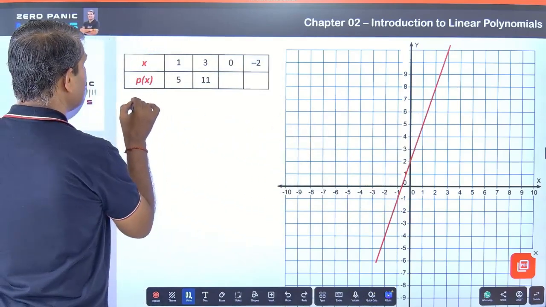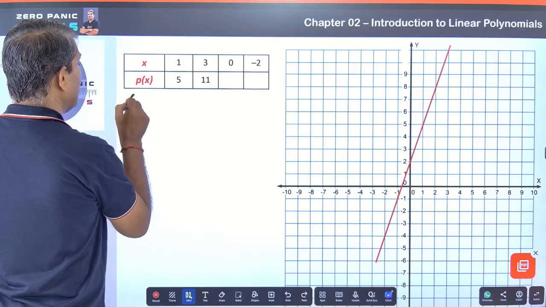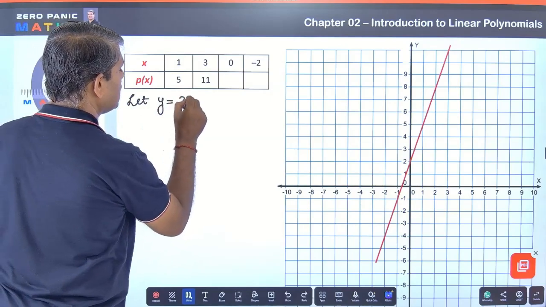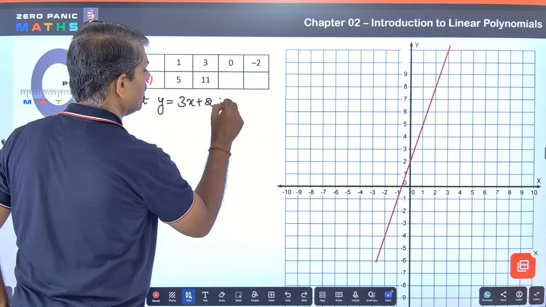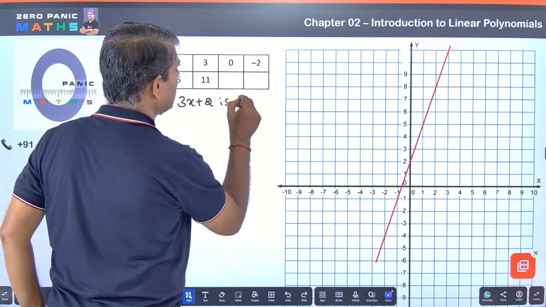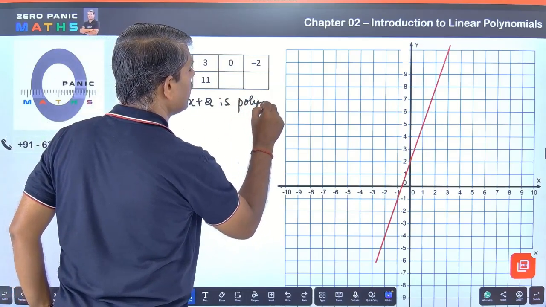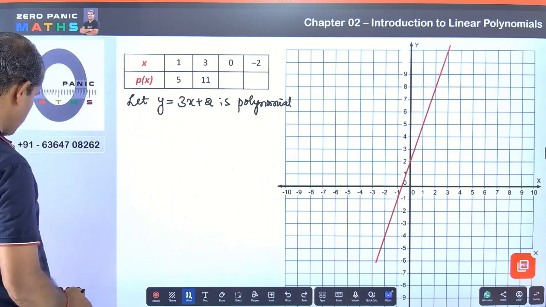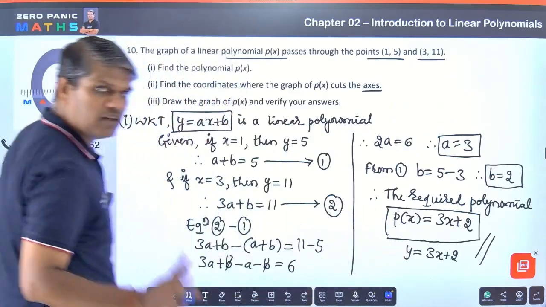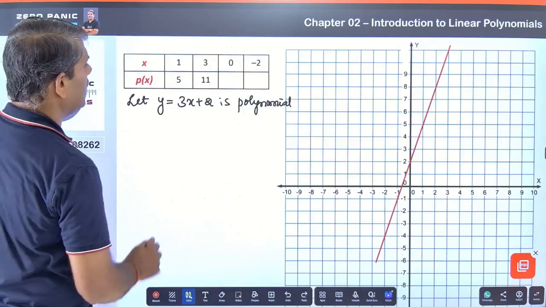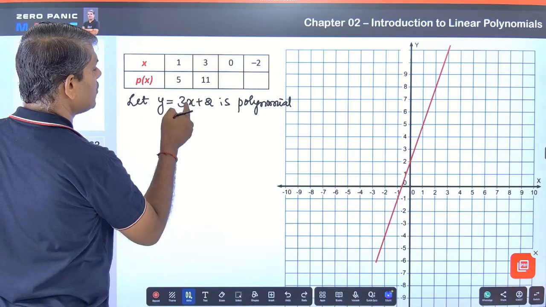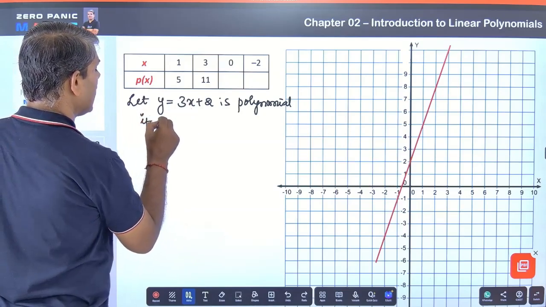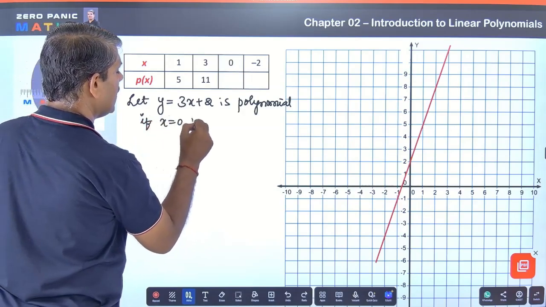Let us consider this first. Let y is equal to 3x plus 2 be the polynomial. So this is the polynomial that we already have found out. In place of p of x, I'm taking y. That's all I'm doing. Now if I put x is equal to 0 here, then what is y?